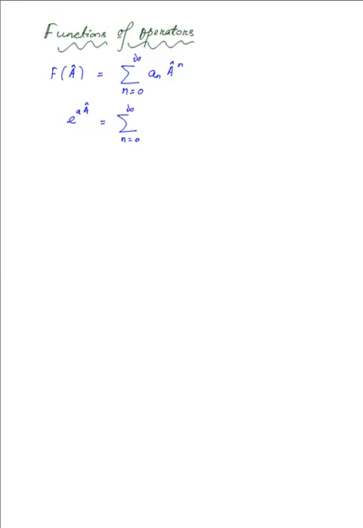If e is raised to the power a times the operator A, then we expand it in terms of the Taylor series as a raised to the power n over n factorial, times the operator A raised to the power n, and that is going to give us the unity operator plus a times the operator A plus a squared over 2 factorial times the operator A squared, and it continues so on for higher values of n.